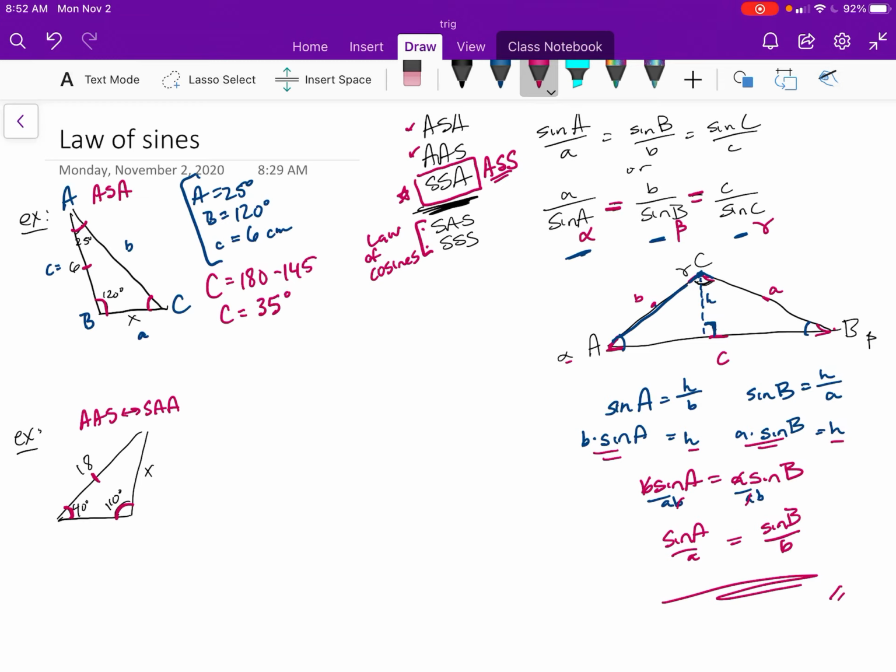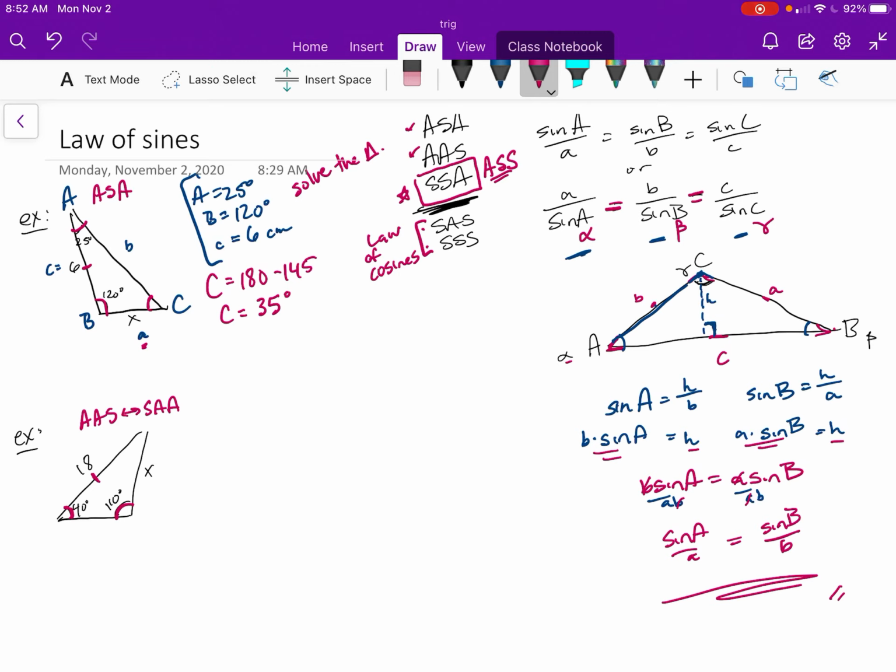Now I'm good to go. We can get the remaining sides, lowercase b and lowercase a. In this problem, we only need lowercase a. So I only need to do law of sines once. But if they wanted us to solve the triangle, we've seen these where it says solve the triangle. That means find all the missing sides, right?